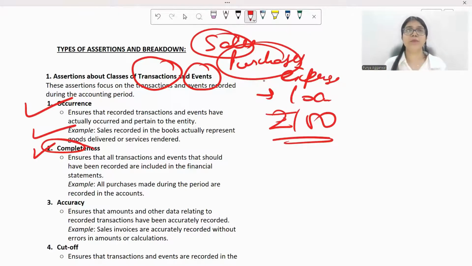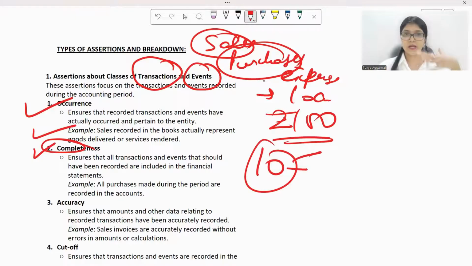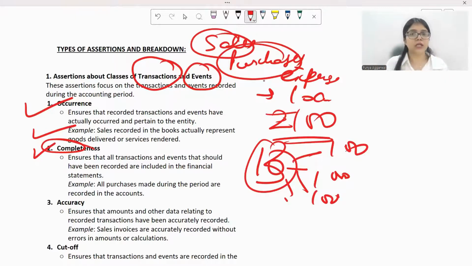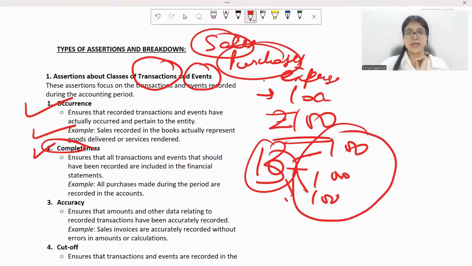Now, completeness basically means that, for example, I in a particular year made 10 sales. So basically there were 10 customers, right? So 100 rupees, 100 rupees. So let's take three right now for easy calculation. We had three customers to whom we made a sale of 100 rupees throughout the month. Okay. What completeness means is that all of these three transactions I have correctly recognized in numbers. That means in my financial statements I have said that yes, there were three sales made, three customers basically happened. So three times I made sales, and this is there.